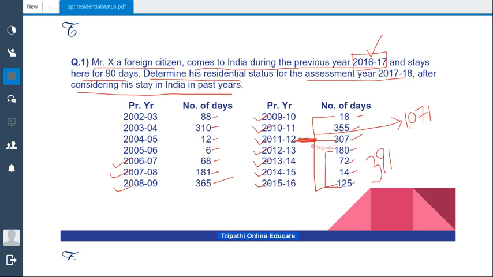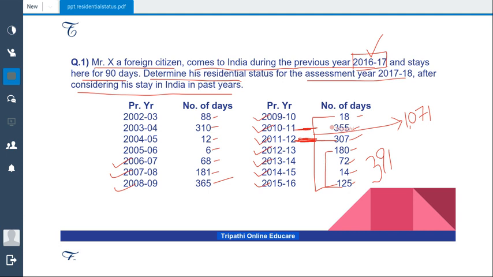So in 2011-12, he becomes resident of India. Same way, if you see 2010-11, he was in India for 355 days, again more than 182 days. So in this year also he becomes resident of India.